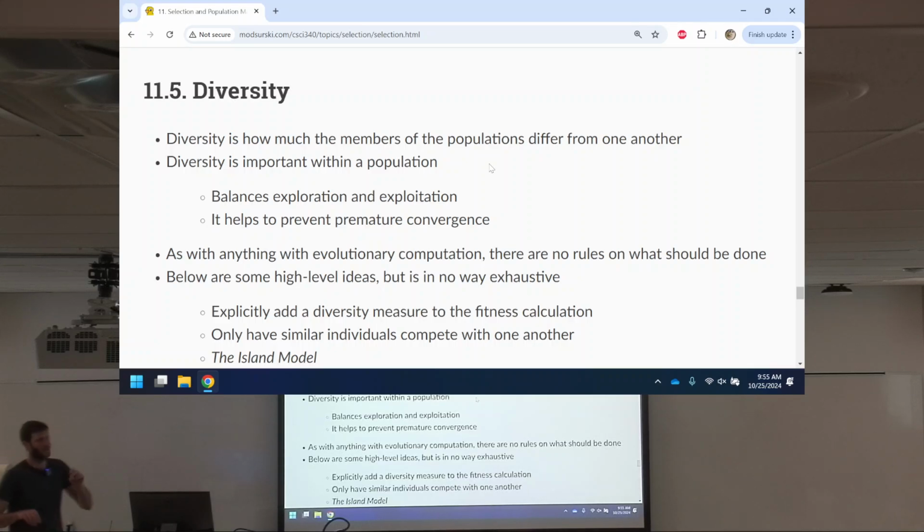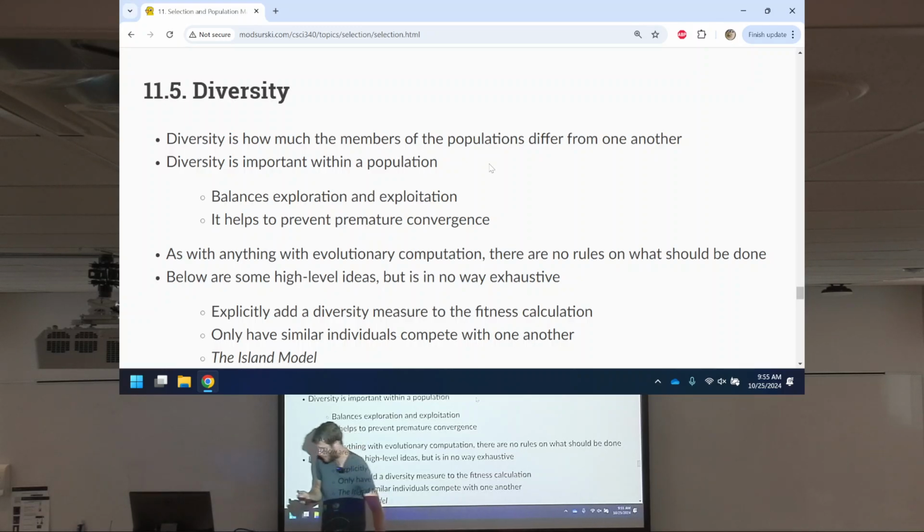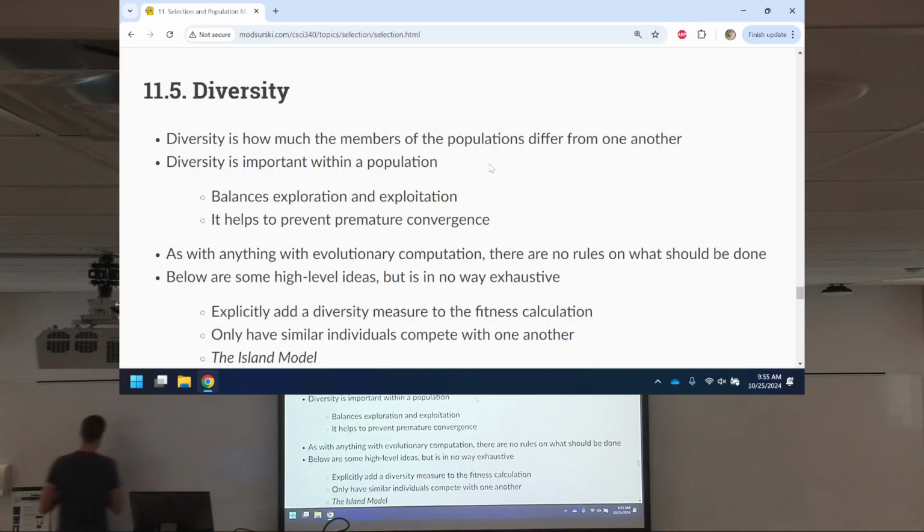We don't want that. When I say premature convergence, if you don't remember what I mean, it's this versus this, right?